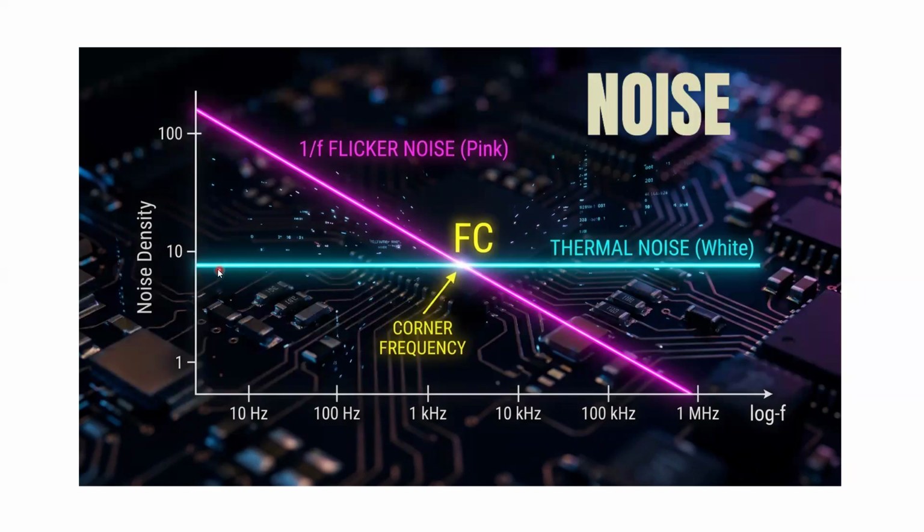It is a broadband noise and it is constant throughout the range of frequency, from DC to a very high frequency. So in the high frequency region, this thermal noise has a magnitude several orders of magnitude higher compared to the flicker noise.